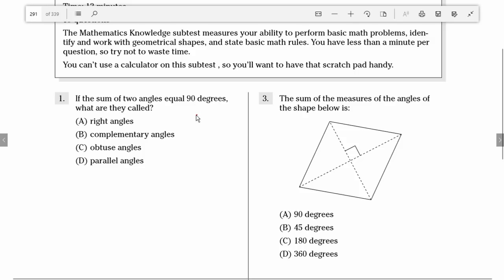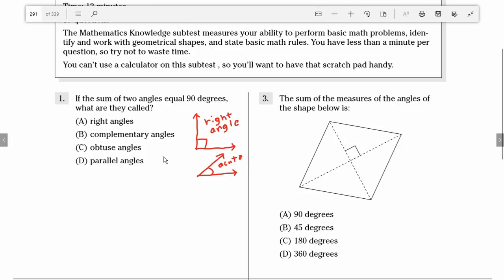The first is this. If you have an angle that is 90 degrees, that is called a right angle. If you have an angle that measures less than 90 degrees, that is called an acute angle.